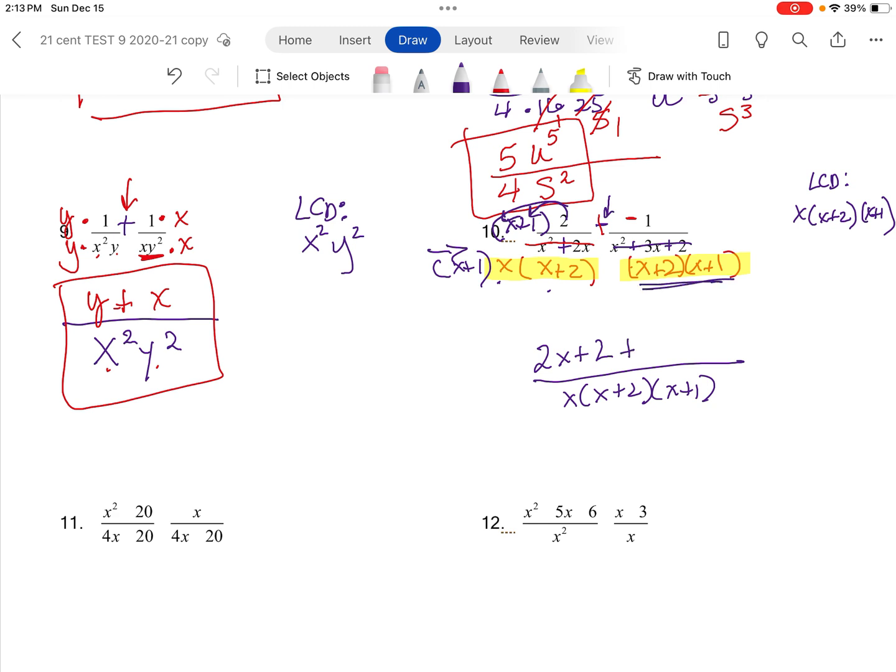This denominator is missing the x, so I have to multiply by an x. So I get a negative x. Now, in this numerator, I have these like terms to put together. So 2x minus x is x. Then I have plus 2 over x times x plus 2 times x plus 1.